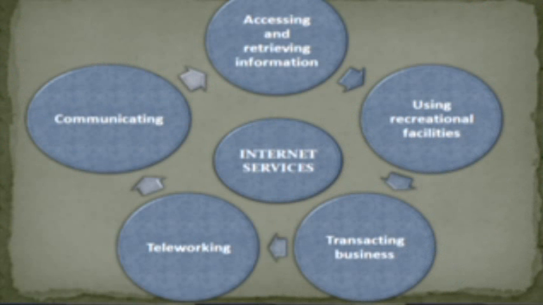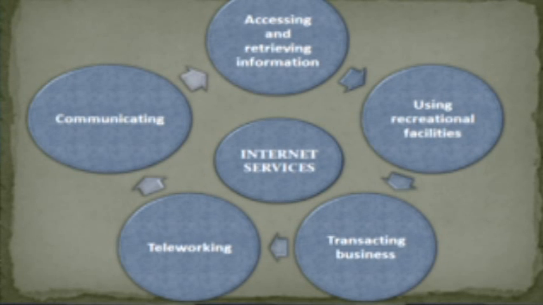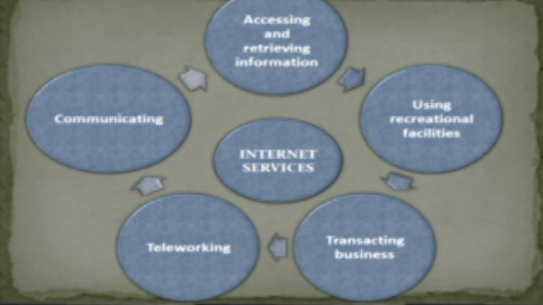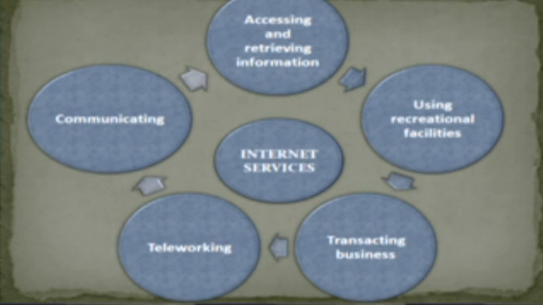Now, what are those internet services which are used in business? The very first question that arises is, what is the internet? The internet is simply interconnected networks. These networks have very big connectivity, so they can provide many services to businesses.